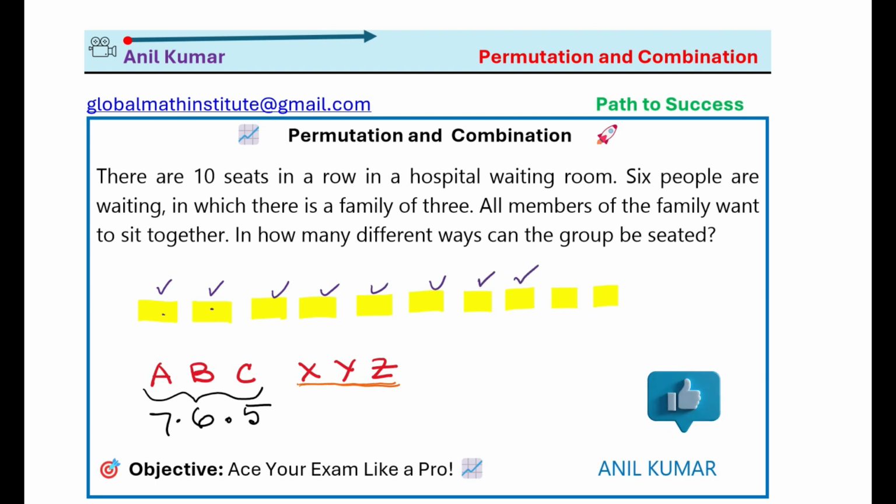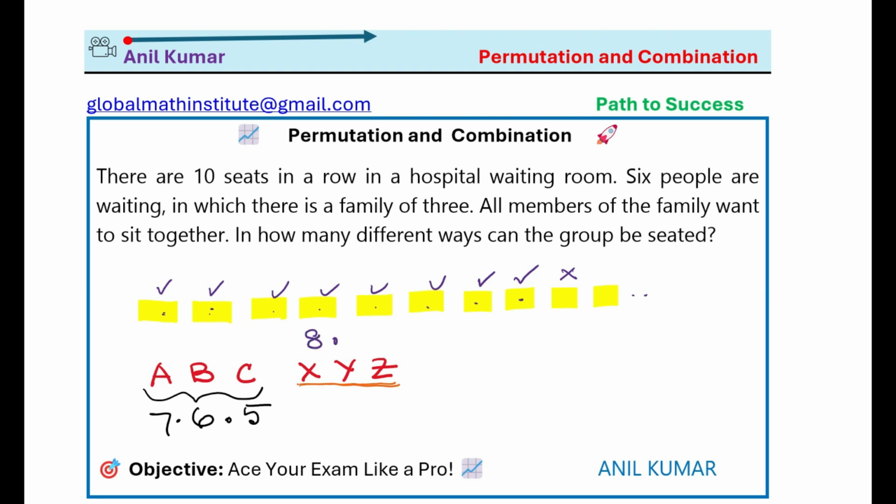So they have only 1, 2, 3, 4, 5, 6, 7, 8 available spots. You see that? So this group can sit in 8 available spots. They cannot sit here since the third person cannot be seated. So for this group, we have 8 spots.